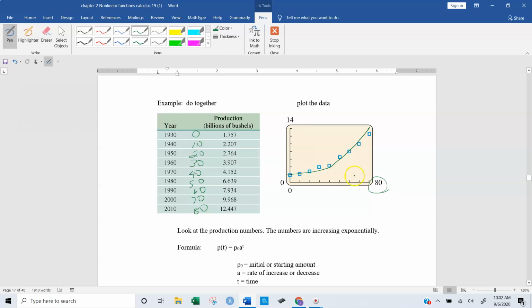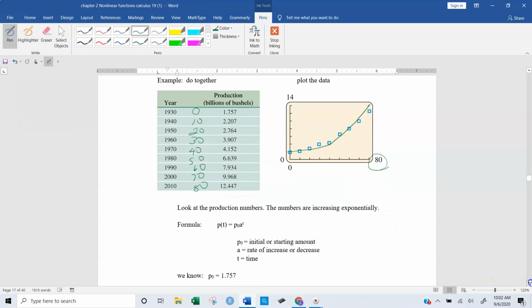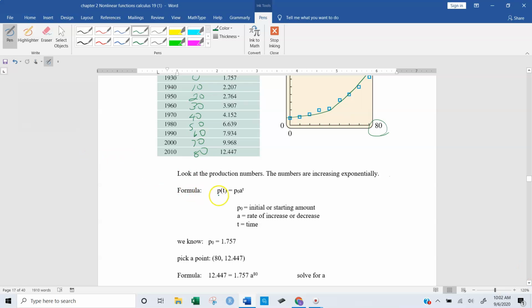It's an exponential graph. So since it's an exponential graph, I know I have to use an exponential formula. All right, so your exponential formula is y equals P times a to the t power, where P is your initial value, a is the rate of increase or decrease, and t is how much time. So when we go here, at the beginning, my very first point is 0, 1.757. I have to create the formula for this graph.